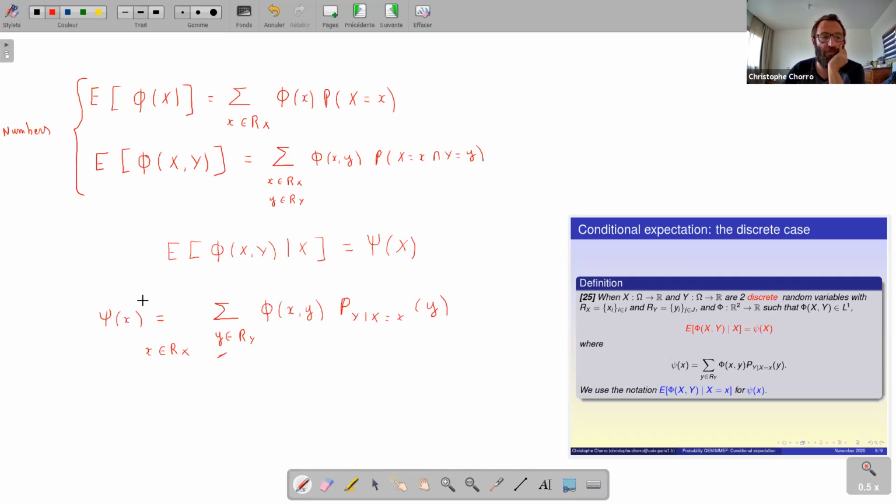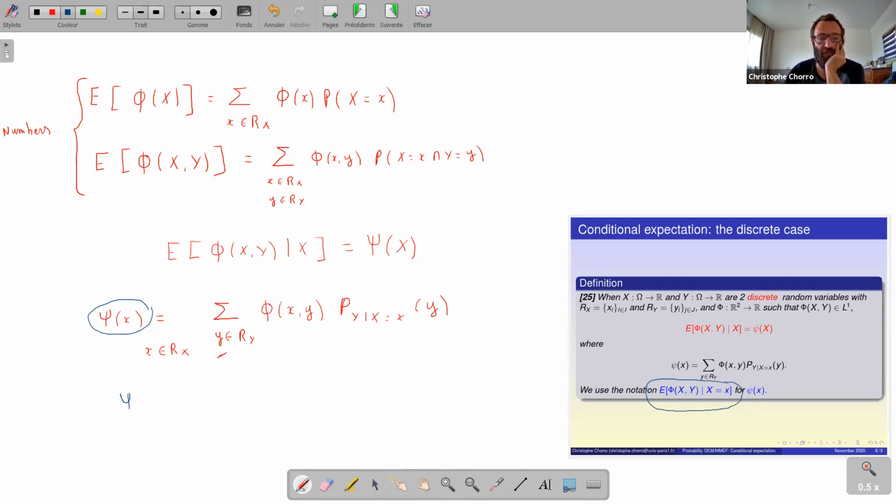And we use a notation for this mapping here. This mapping psi of x is something that we denote this way. It's just a notation.